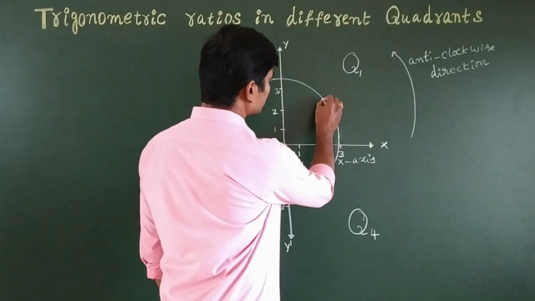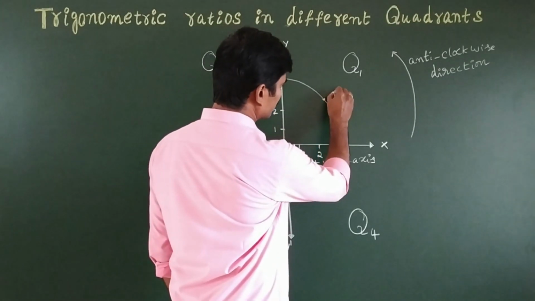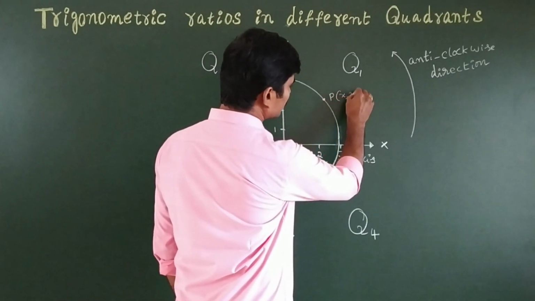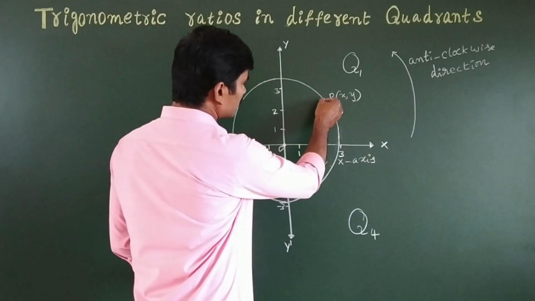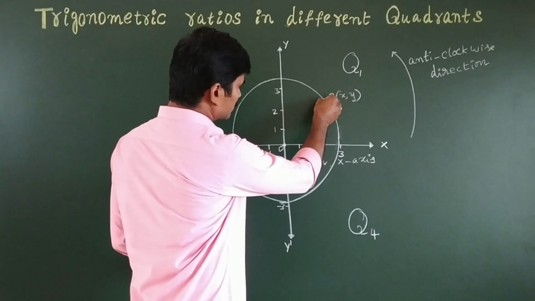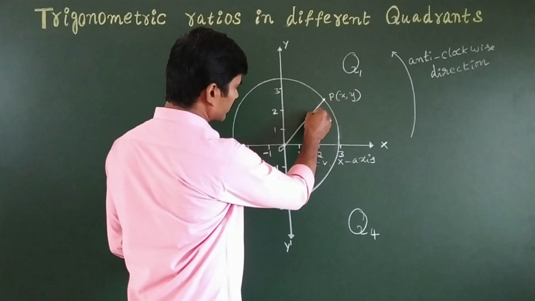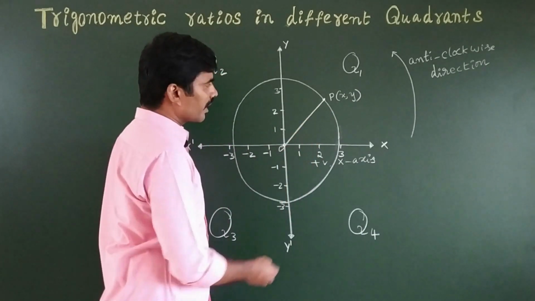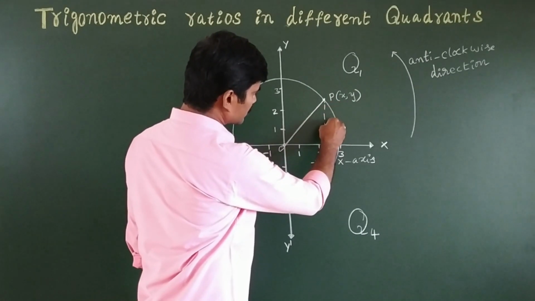Take a point P on the circle in the first quadrant with coordinates x, y, and join OP. This is the radius of the circle.